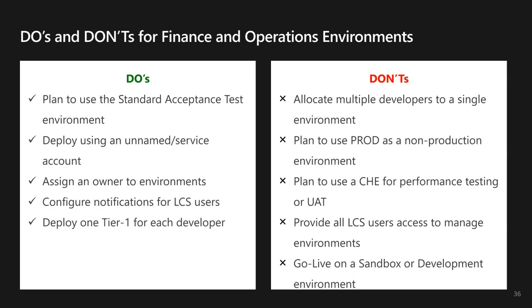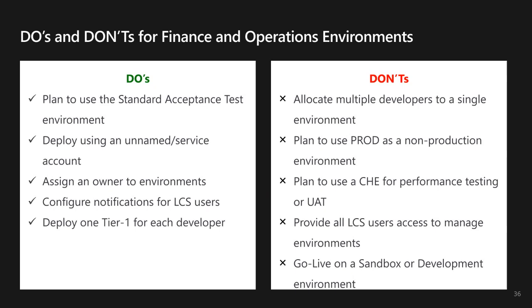Make sure that you're assigning owners as well. This is going to be part of your environment plan, and you need to make sure that those owners understand what their role is in environment planning. You'll also want to configure the notifications for the LCS users. When we service environments for finance and operations apps, the notifications about those environment servicings are sent out to specific users that are marked to receive notifications inside of LCS.